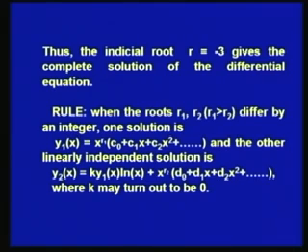Now when we dealt with the type 2 case, there were two cases in type 2. In type 1 we had seen that the solutions for r1 and r2 can be obtained directly.